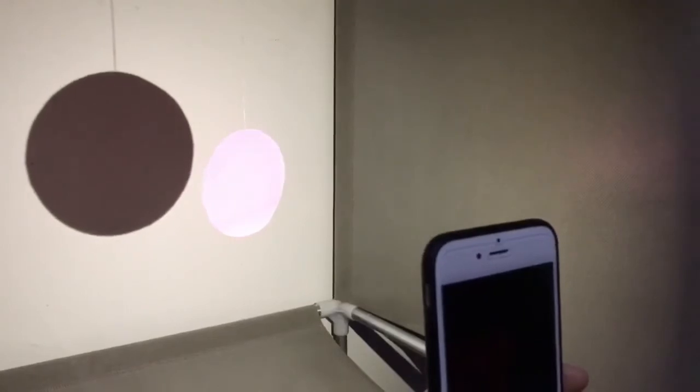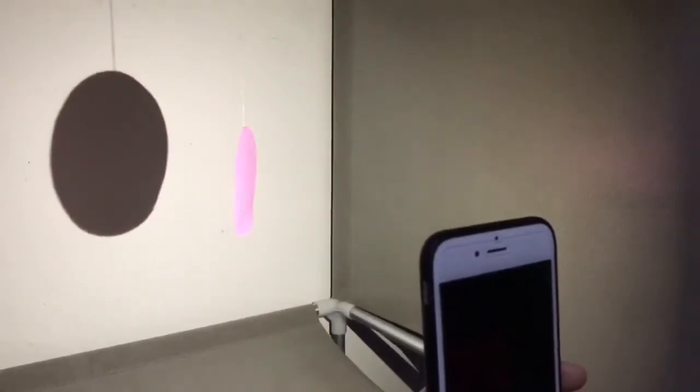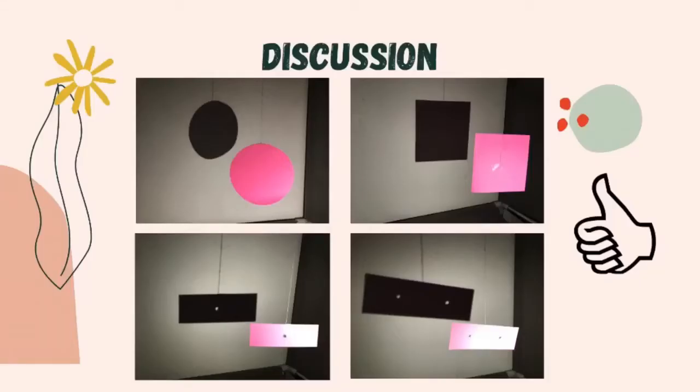This is the observation of what we can see from the circle shape, square shape, single slit, and lastly double slit. Based on the result that we have got, is it proof that light always travels in a straight line?